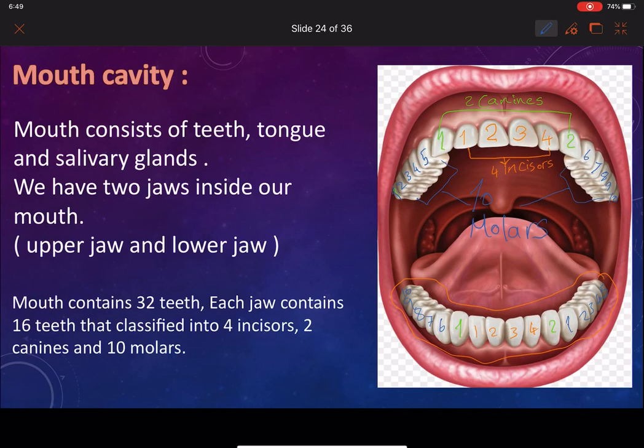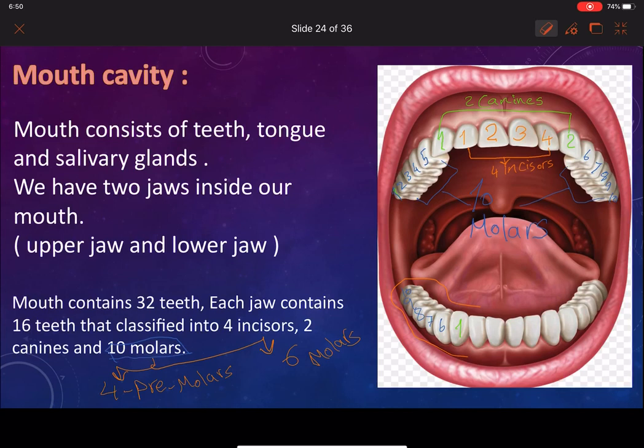We have 4 premolars and 6 molars in this 10. So the 10 molars are classified into 6 molars and 4 premolars. Okay? Let's see.